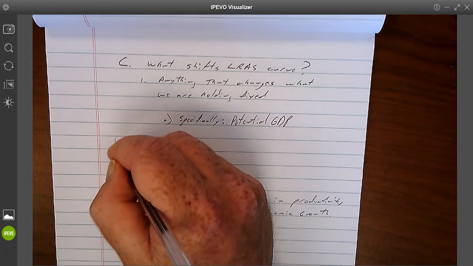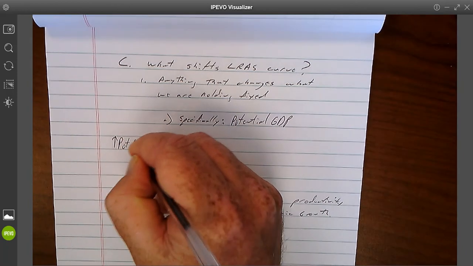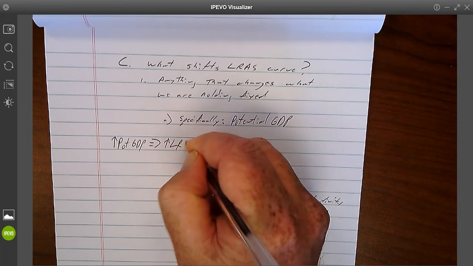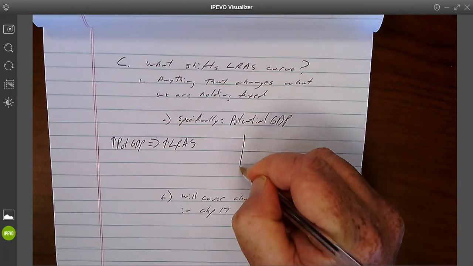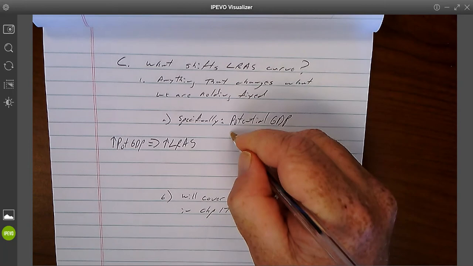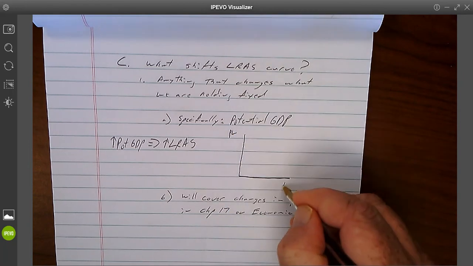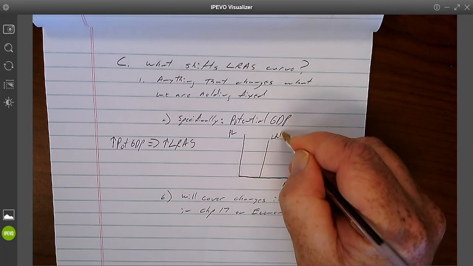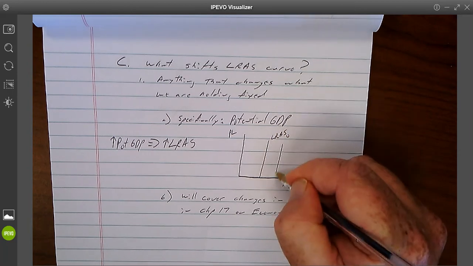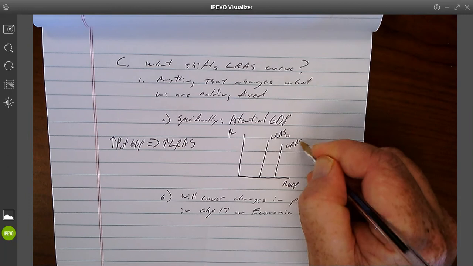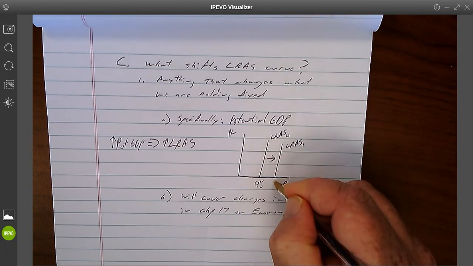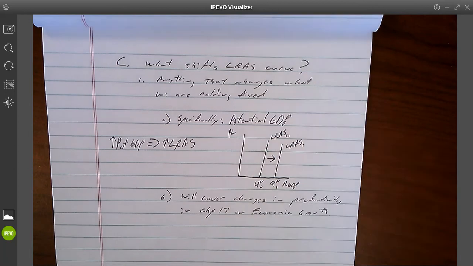So increases in potential are going to lead to increases in long-run aggregate supply. Okay? A shift of the long-run aggregate supply curve to the right. Here's long-run aggregate supply 0. Here's long-run aggregate supply 1. It's going to move us to the right. QN 0, QN 1.